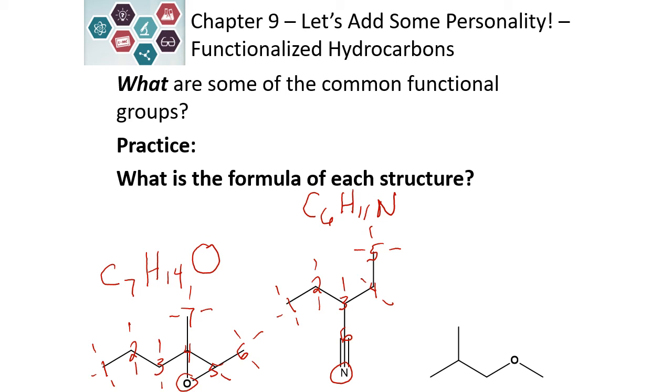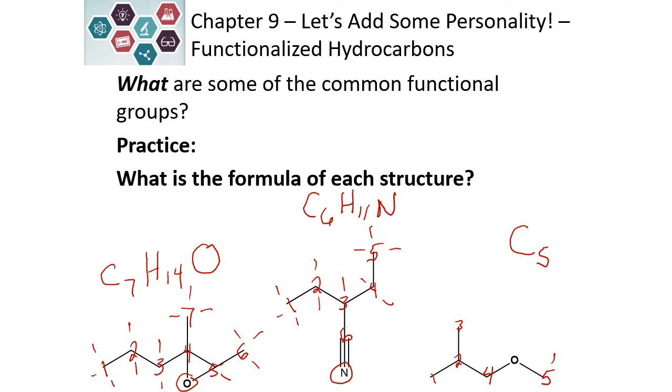Our last example, we have 1, 2, 3, 4, 5 carbons. Because there's no other element drawn off of that oxygen, that is another carbon at the end of the bond.